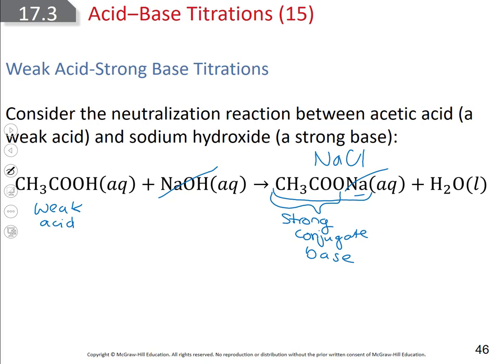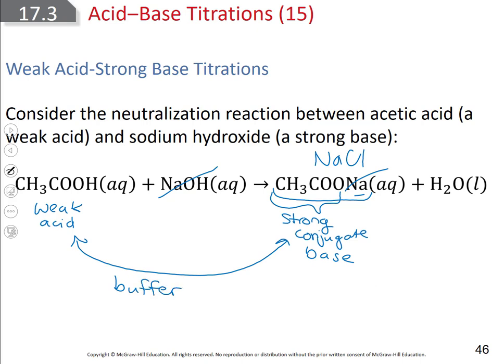So I have a weak acid and a salt containing its conjugate base. What do we call solutions that contain a weak acid and a salt containing its conjugate base? We just learned about that last class. What was the special kind of solution that we made from weak acids and salts containing their conjugates? Good, a buffer solution. So these two together make a buffer solution.